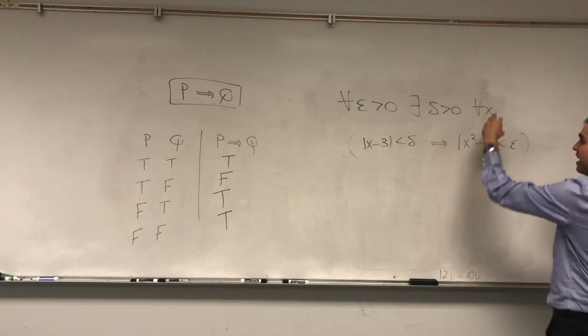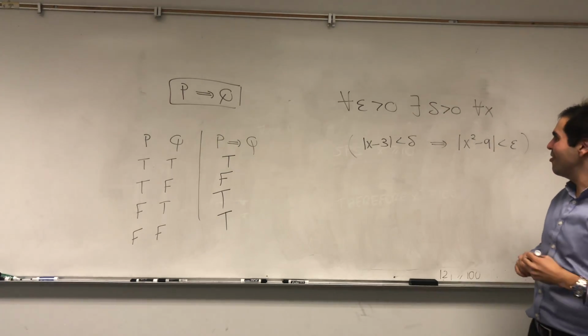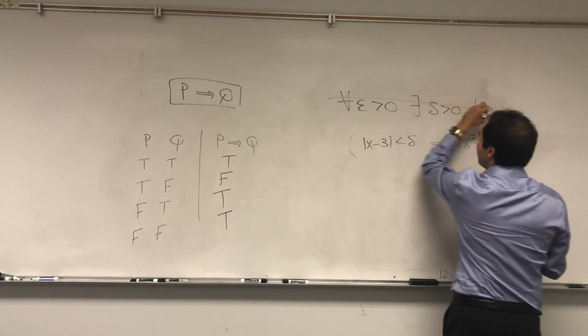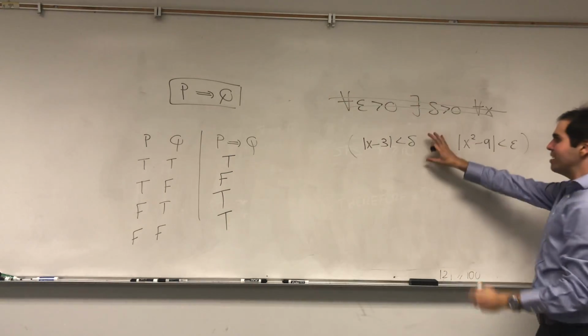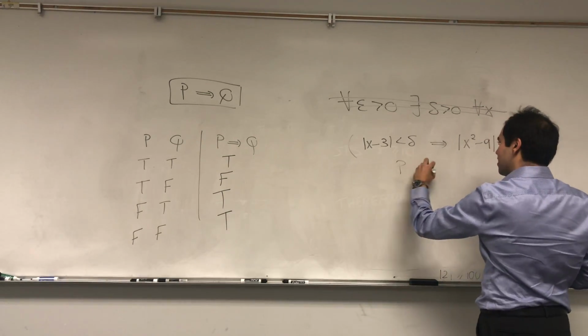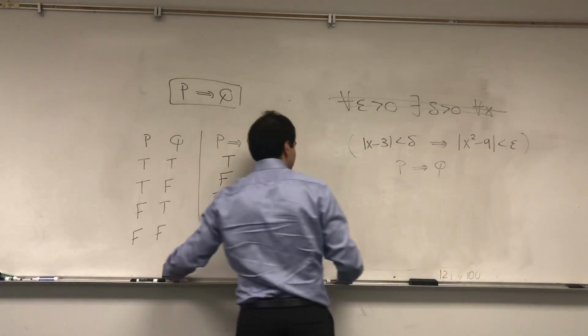And as I said, forget about this. And first of all, be scared, okay? Get over it. And then forget about this part for a second. What is this really saying? It's a P implies Q statement.